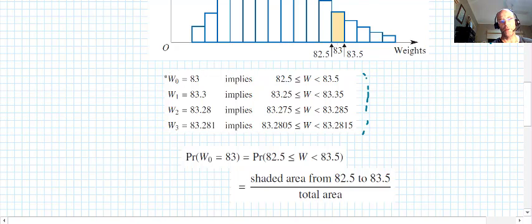So 83, as a whole number, a positive integer, would be set up between 82.5 and 83.5. Notice how the first inequality is inclusive and the second one is exclusive. Otherwise, you're going to have double ups.